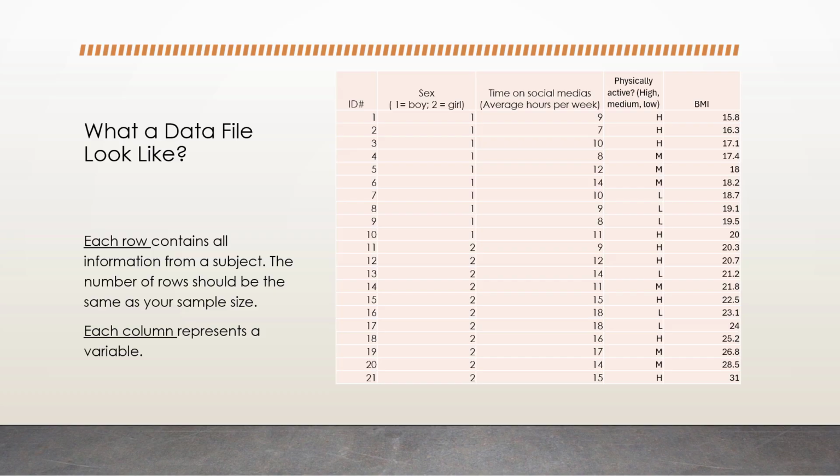Suppose that I added 2 more variables, physical activity levels and BMI, in my study. For physical activity, I might ask students to self-rate as high, medium, or low. Alternatively, I could ask them to report the number of minutes they work out on each day, which would give a more precise measure.